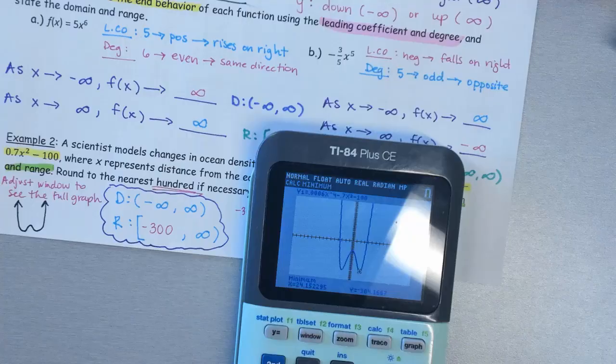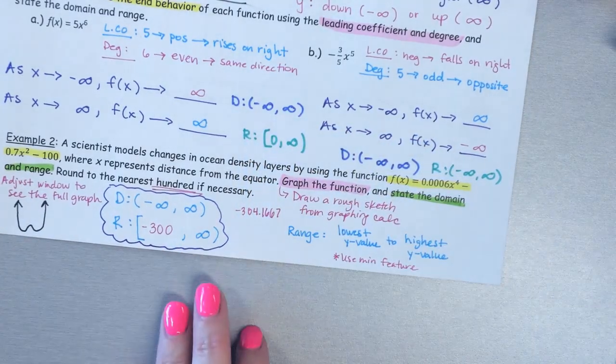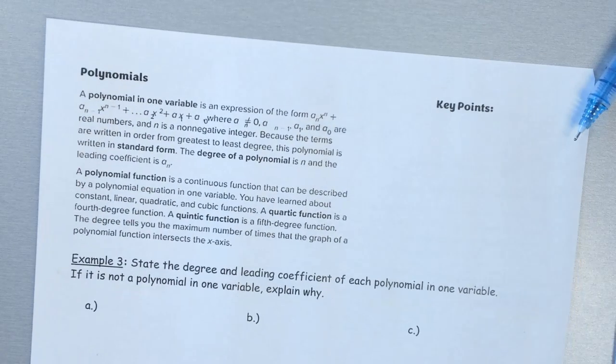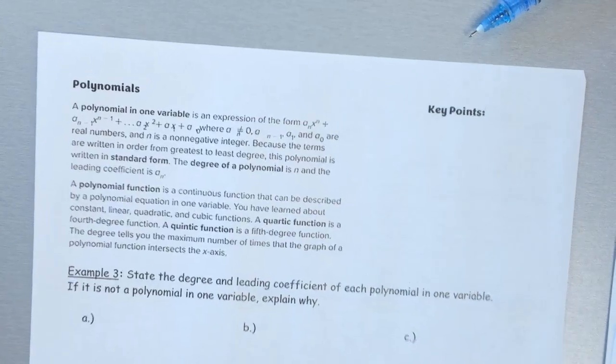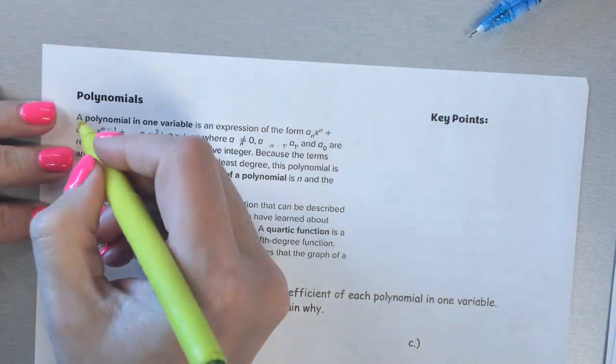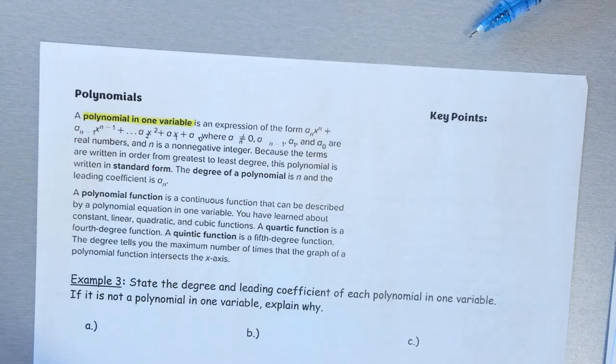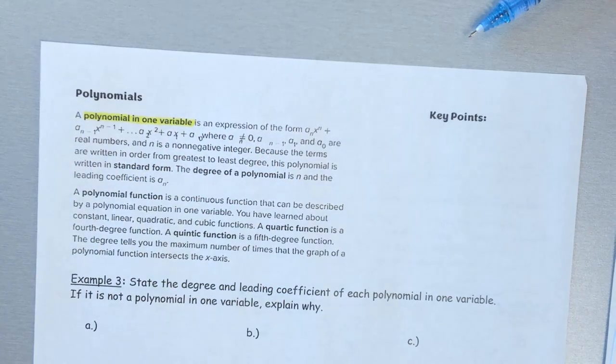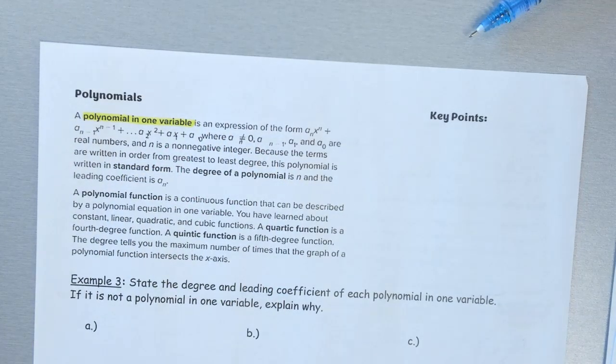All right, the next thing we're going to talk about are polynomials. So a polynomial in one variable is an expression of the form a sub n x to the nth plus a whole bunch of things.